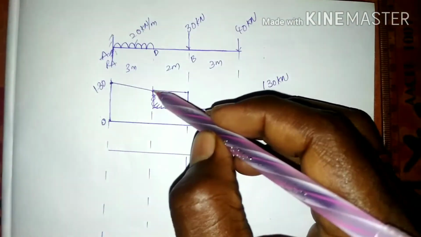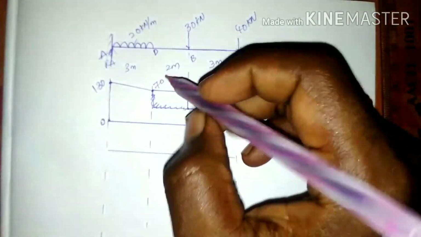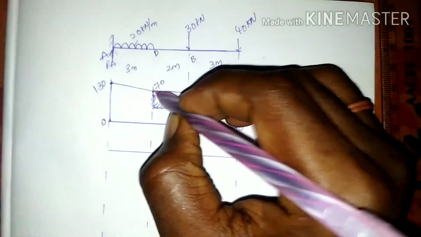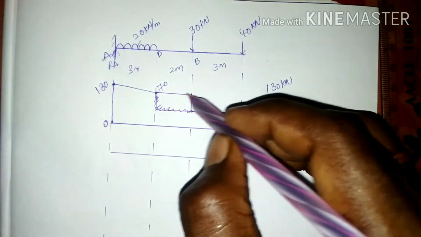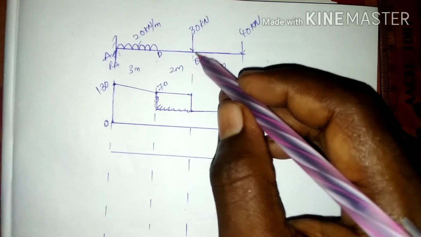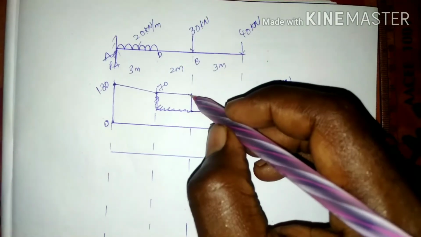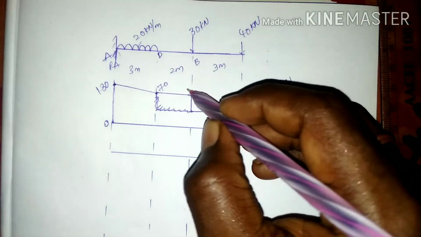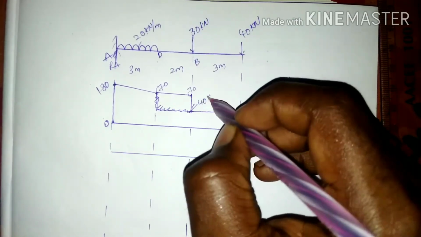The value at RA is equal to 130, and while moving on to the D point we are going to remain with 70. From here to here we don't have any type of loads, so it is going to continue as a straight line up to B. Right after B we find a 30 kilonewton load downwards, so 70 minus 30 is 40 kilonewton.